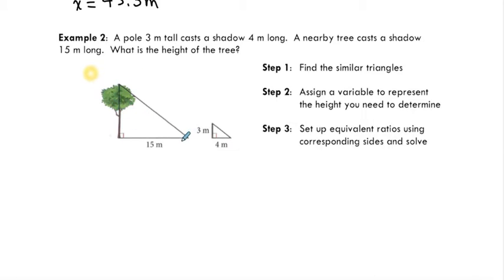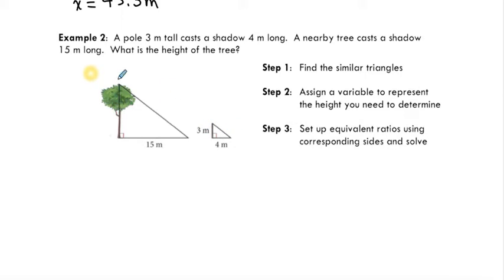So what do I know? Well, I know that they're going to be similar triangles. I can't prove that they're similar triangles, but I'm using the concepts of similar triangles so I know that they are similar triangles. Normally, when we've proved that triangles are similar, we have to use angle, angle, angle, side, side, side, or side, angle, side.